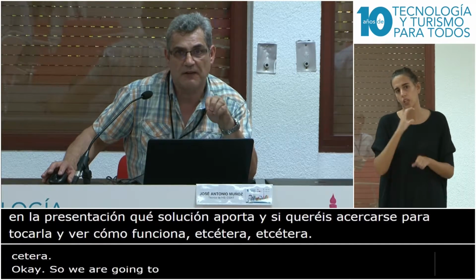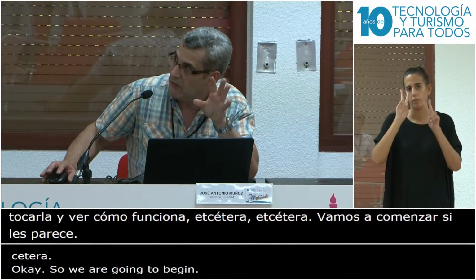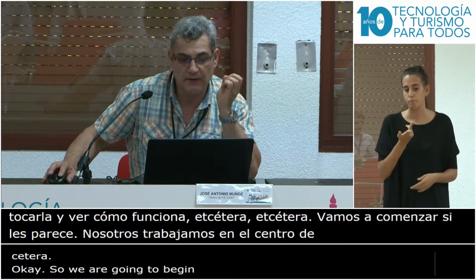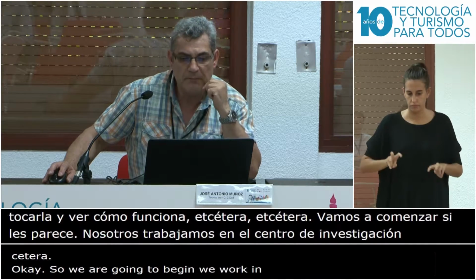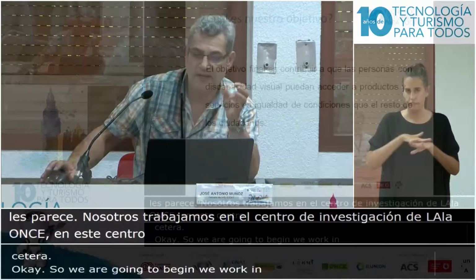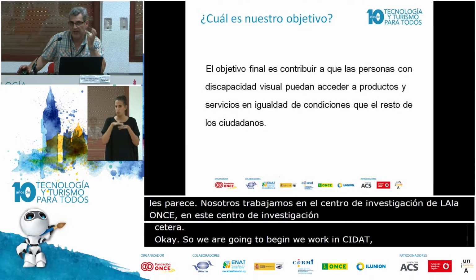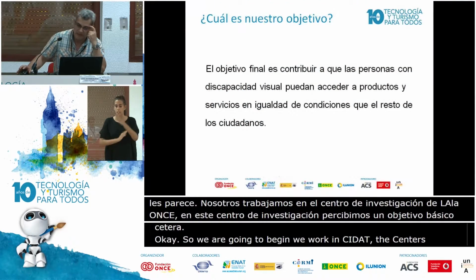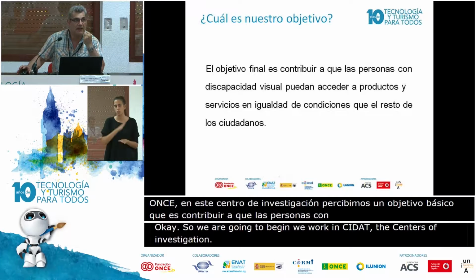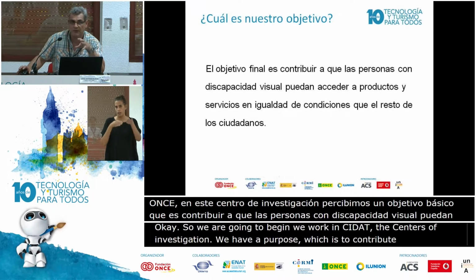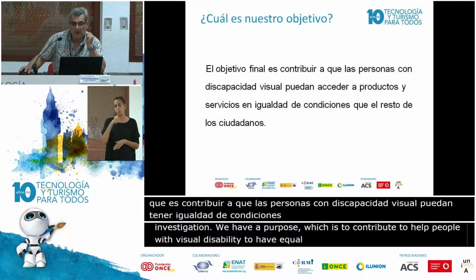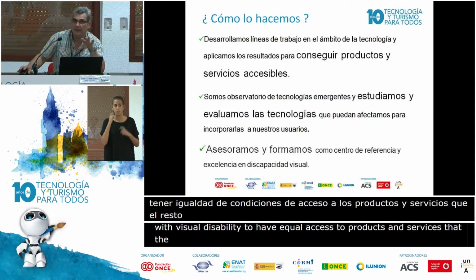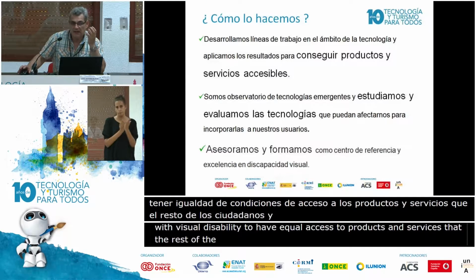We work in CDAP, which is the Center of Investigation of ONCE. In this research center, we have a basic purpose, which is to contribute to help people with visual disability to have equal access to the products and services that the rest of the citizens have. And we try to do this in three main ways.